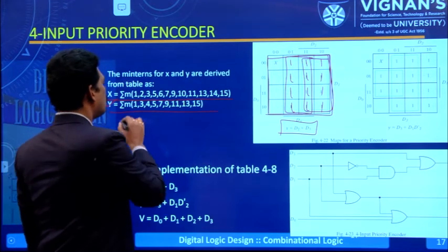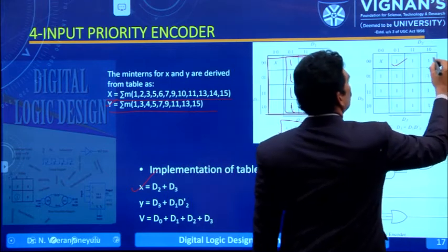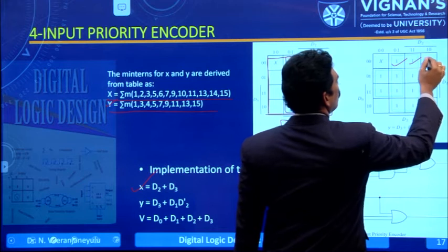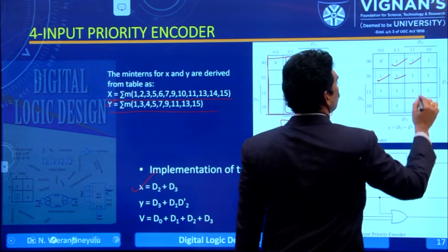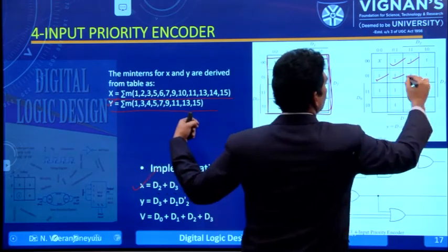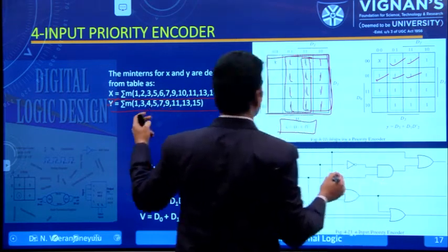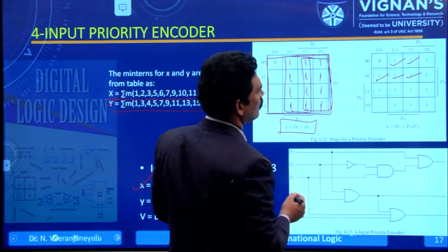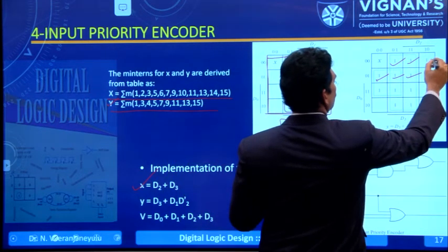Y is equal to sigma m 1, 3, 4, 5, 7, 9, 11, 13, 15. How many values are there for Y?